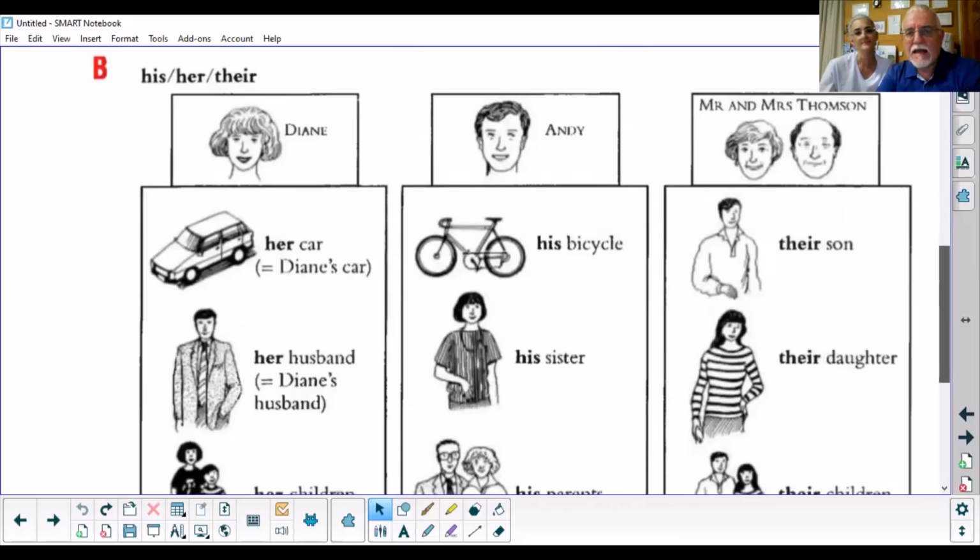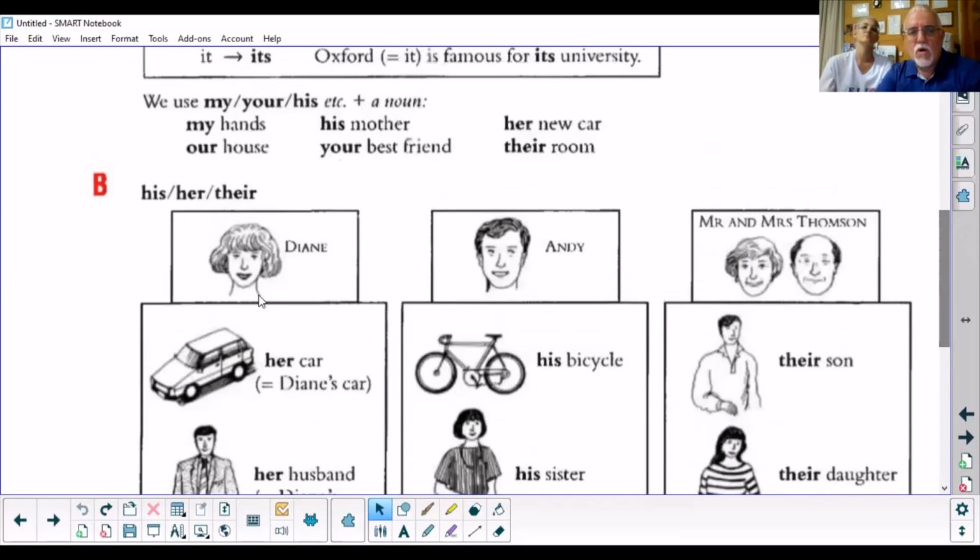His, her, and their. So we have Diane, and we have Andy, and we have Mr. and Mrs. Thompson. So we refer to Diane, the possessions of Diane, her, Andy, his, and Mr. and Mrs. Thompson, their, because they are two of them.